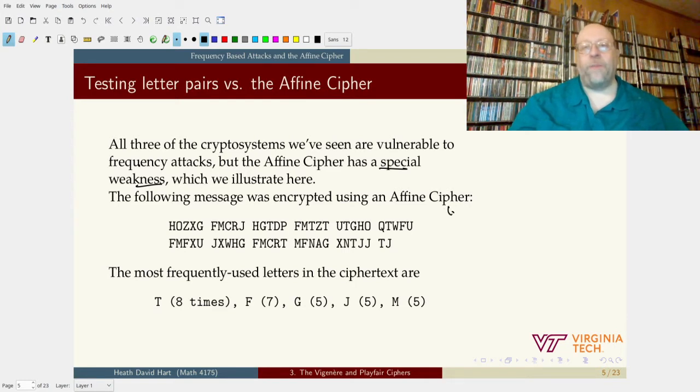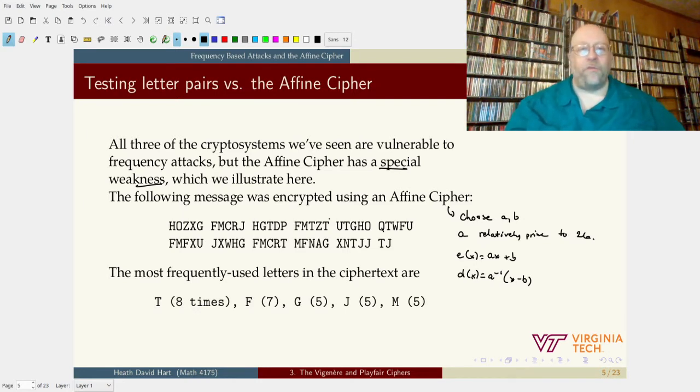And just to remind you, for an Affine Cipher, we have to choose A and B, where A has to be relatively prime to 26, and then the encryption is AX plus B, and the decryption is the inverse of A times X minus B.